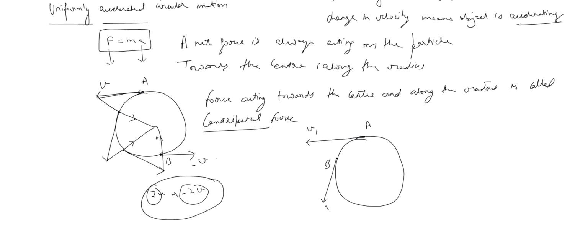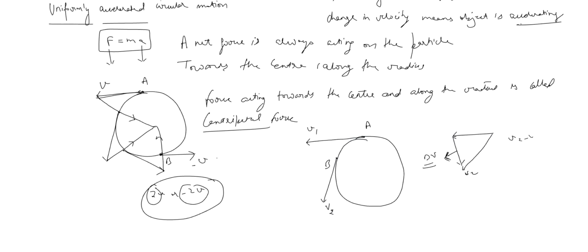Now, if I draw the vector triangle, this will be the vector triangle for this. So it will act toward this. This will be the resultant, means change, that is delta V. So it will be V2 minus V1, that is change.